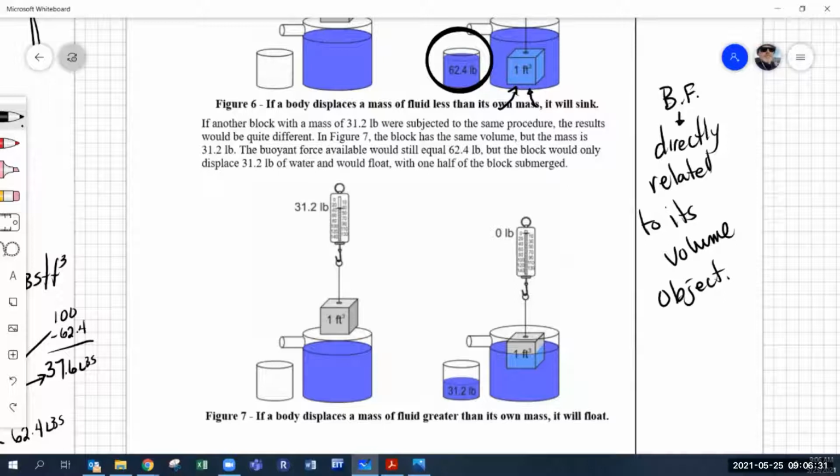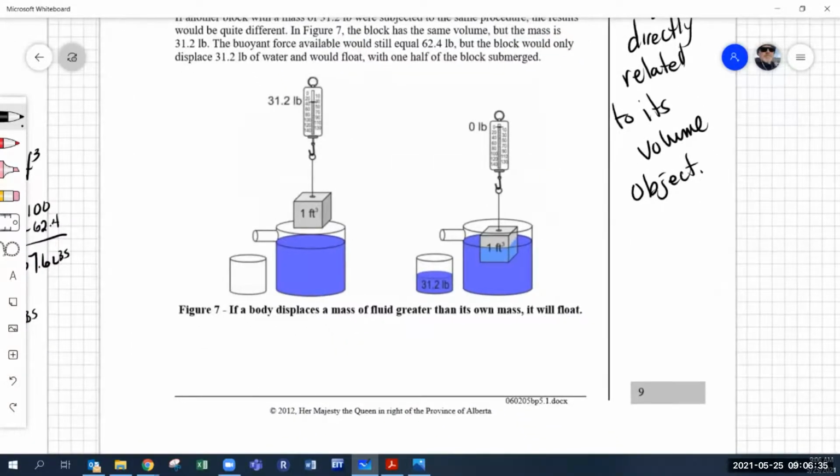Now, this particular next picture in figure 7 shows that this block only weighs 31.2 pounds. But it is 1 cubic foot, right? So the buoyant force pushing up on this object is going to be 62.4 pounds because of its volume.